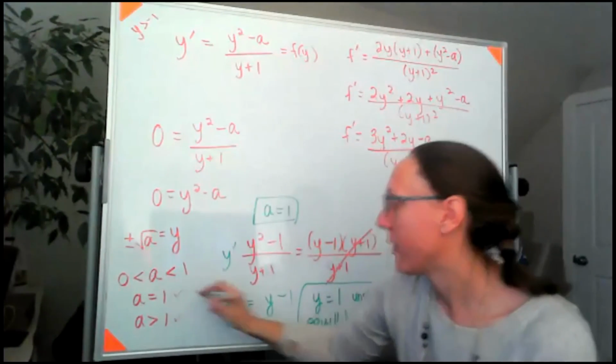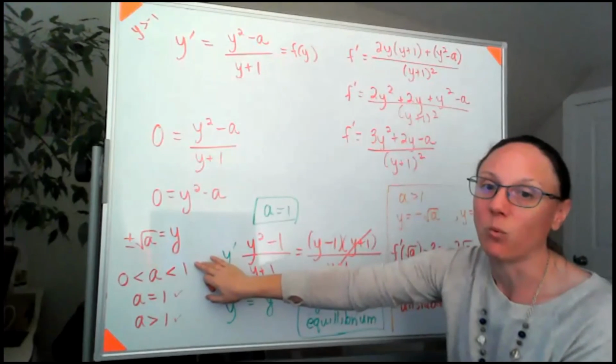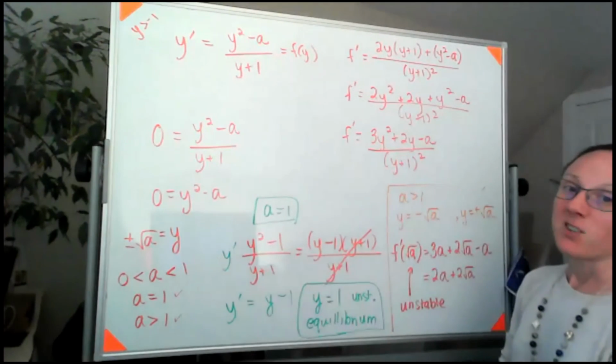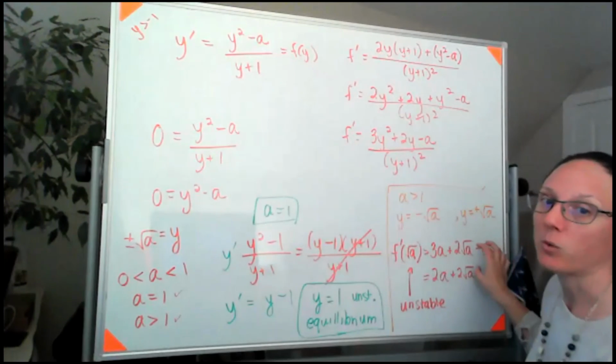So the only other thing that could happen is that a is between 0 and 1. So if a is between 0 and 1, then we're still kind of back to this same equation.